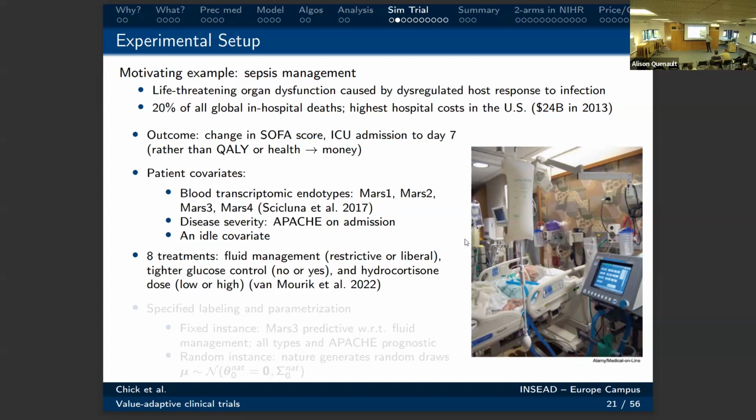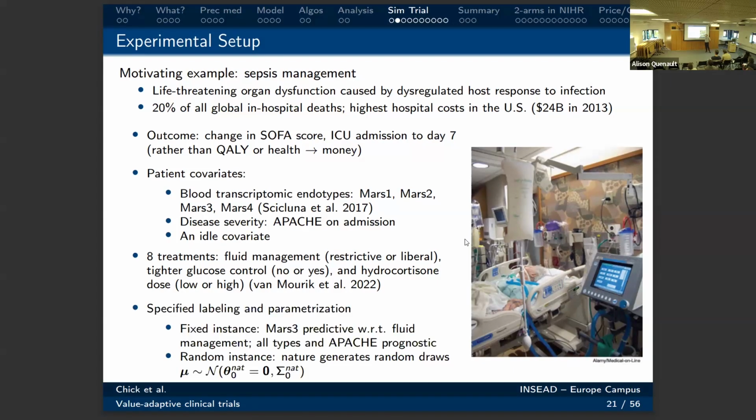And then they were interested in looking at 3 types of treatments: aggressive or non-aggressive hydrocortisone, aggressive or non-aggressive fluids management, tight glucose control, yes or no. So we have really 2 to the 3 types of treatments here. And we were wondering, well, gosh, MARS-3 might be predictive with respect to fluids management. Can that help us in our trial design?